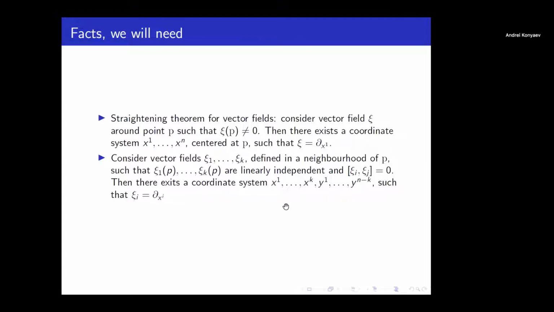One part of coordinates, from x1 to xk, are the ones that correspond to the basis vector fields xi, and the others, y, are the ones that do not. You can understand them as integrals of the xi, because if you apply xi to y, you get 0. So you see that this collection of functions have common integrals, right? So they do have a nice foliation behind them.